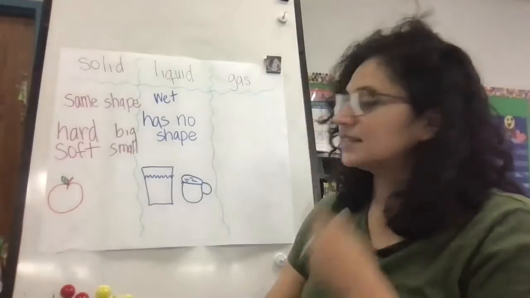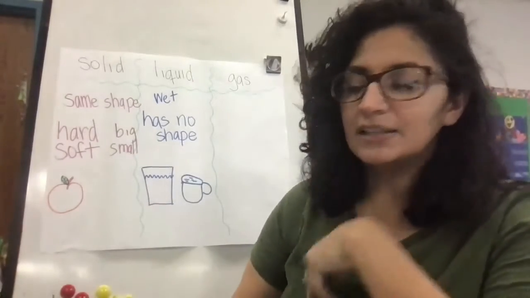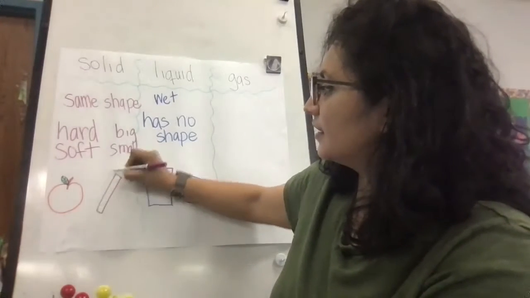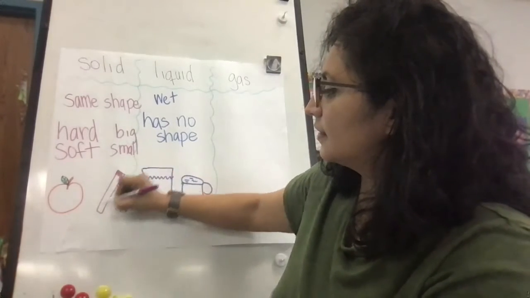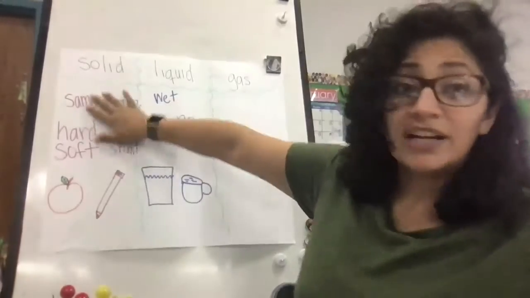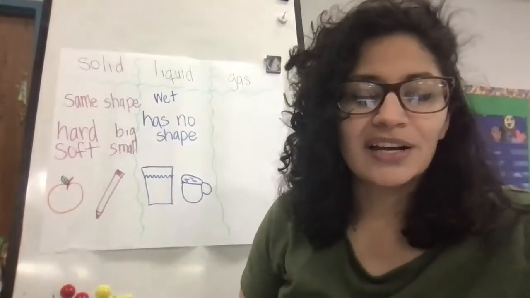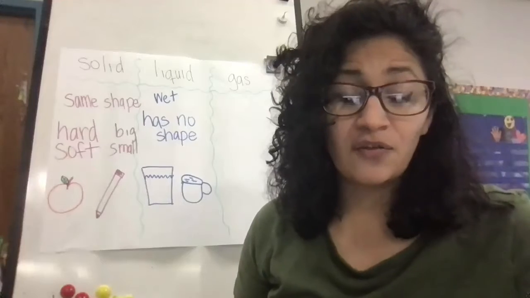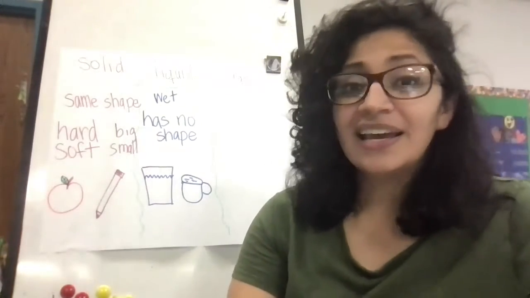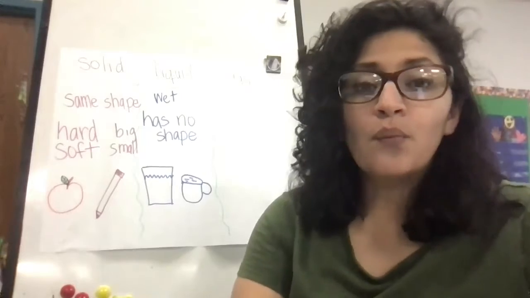What else can I draw that's a solid? That's right. Look at my markers. Let's draw a marker. And when it comes to water, we already know that water in solid form is what? Is ice. Yes, it's hard. It has a specific shape and it won't change.